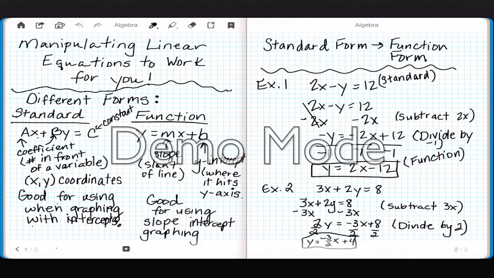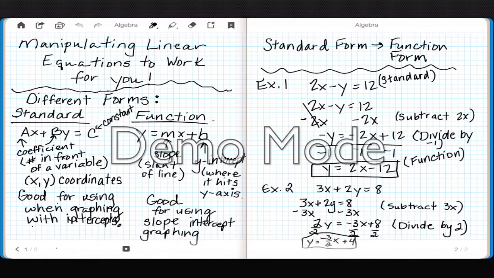The x and the y in the equation represent the coordinates on that line. And this form, the standard form, is good for using when graphing with intercepts. And we're going to learn about that later. So don't necessarily worry about how you're going to use this standard form right now. We will learn it in a few more lessons.